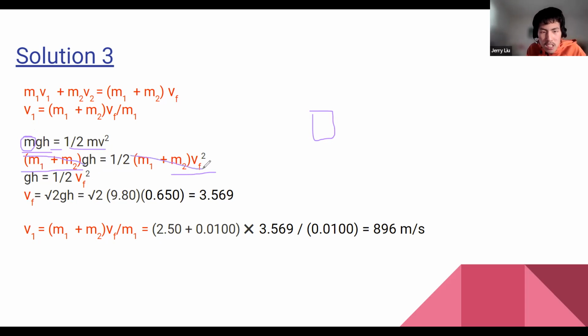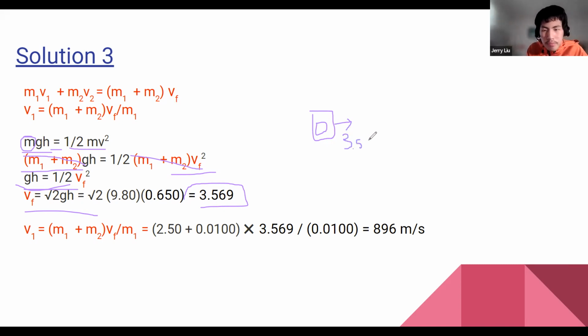The two masses cancel out, so you have gh equals 1/2 vf squared. Then you can move the 1/2 over and take the square root. vf is the square root of 2gh, so this becomes 3.569. And that's the motion of the block and the bullet after the collision when they're joined together.